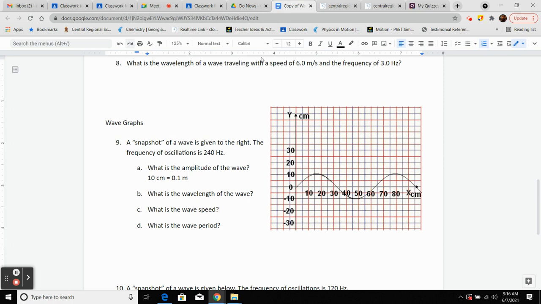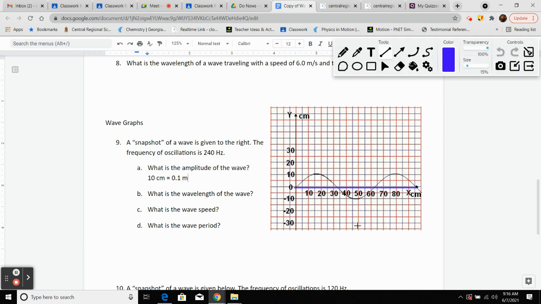So the wavelength one is a little bit more of a pain, but let's just show it. If we start right here at this blue mark, one wavelength will be once this thing makes one complete cycle. Basically, when would this thing start to repeat? Right here, it starts at that middle line, goes up above it, goes down below it, comes back, and then right about there it would start over again.